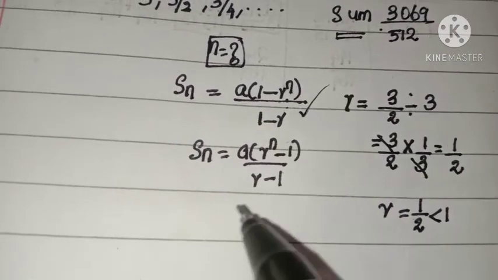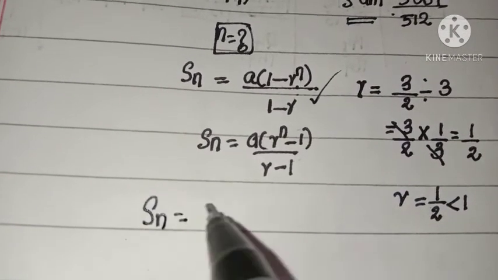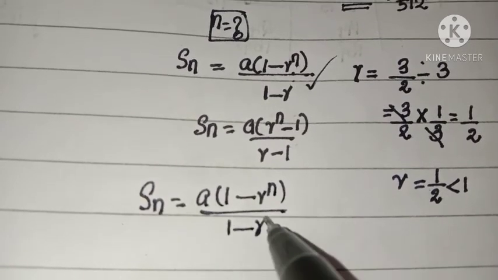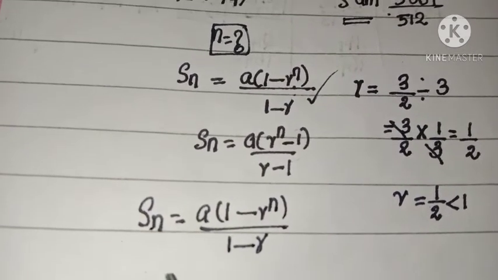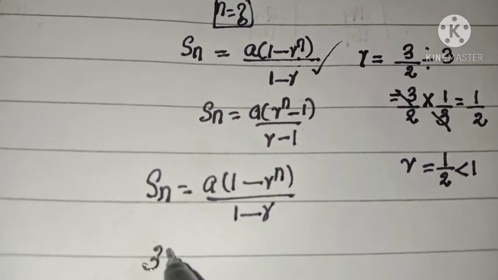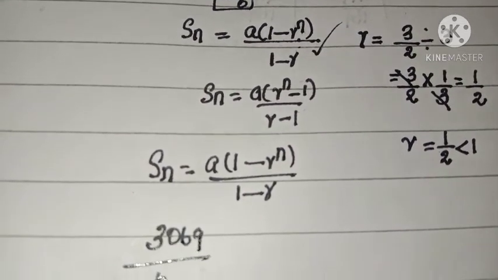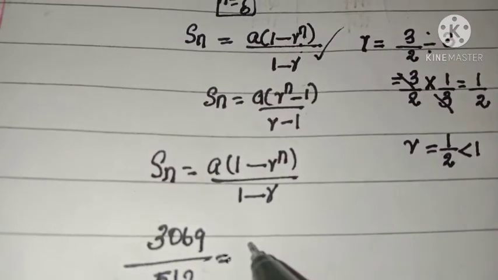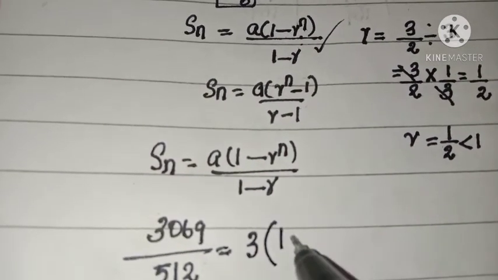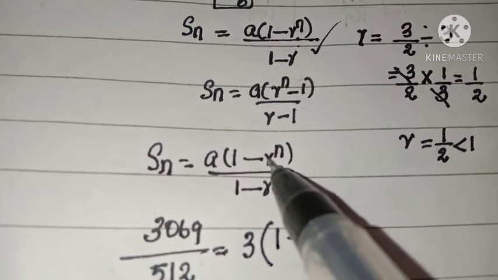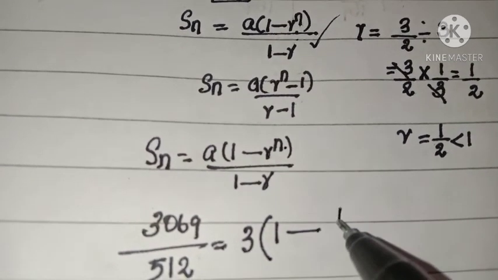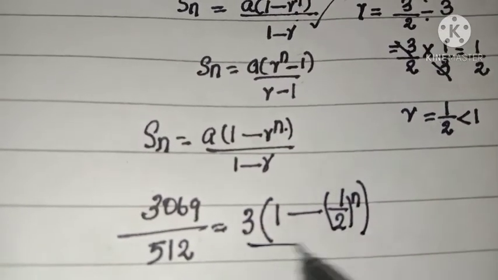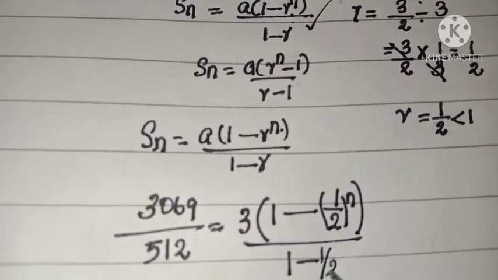So use this result: Sn is equal to A into 1 minus r raised to n by 1 minus r. Here Sn is given. The sum is 3069 by 512, equal to A. A is the first term, that is 3, into 1 minus r raised to n. r is 1 by 2, so 1 by 2 raised to n, divided by 1 minus 1 by 2.